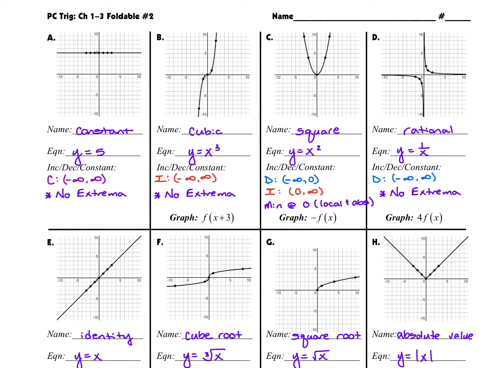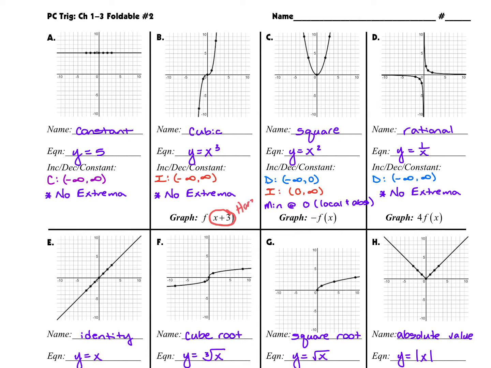So let's just jump in to this letter B. You'll notice I didn't give any type of a transformation on the constant function because that one really isn't particularly necessary. So looking here at our cubic function, we're going to use that one to demonstrate this particular transformation. What I would like to call your attention to is that the transformation we know is going to be a horizontal transformation here.